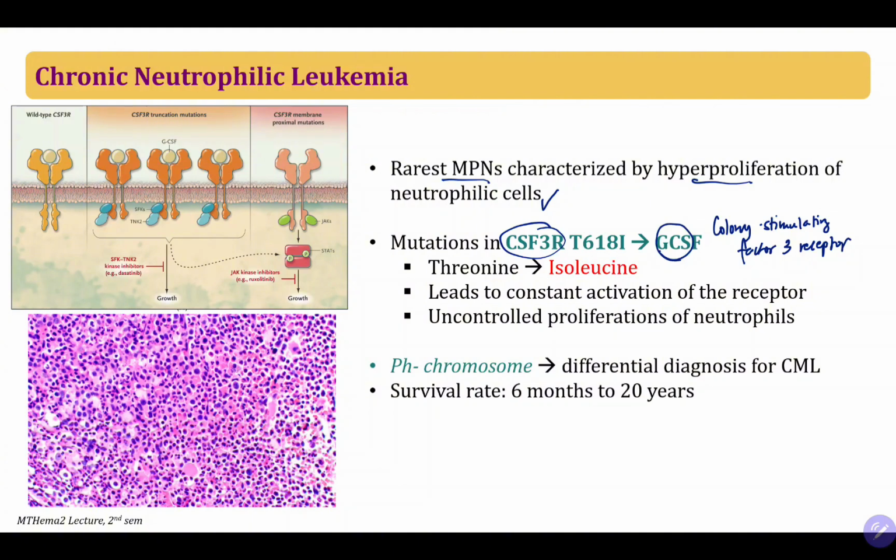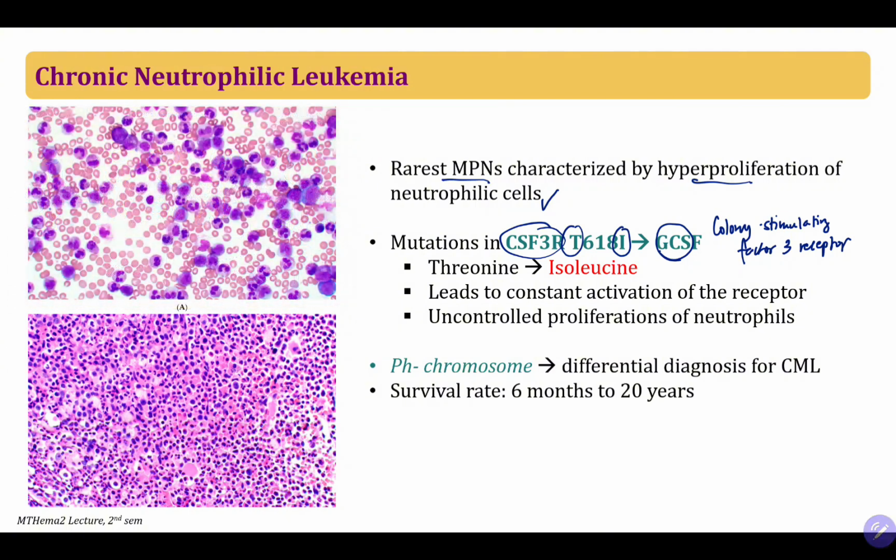Now, in this mutation, there is the substitution of your threonine to isoleucine in the 618th position of your CSF3R, which leads to the constitutive or constant activation of your receptor, promoting now the uncontrolled proliferation of your neutrophils.